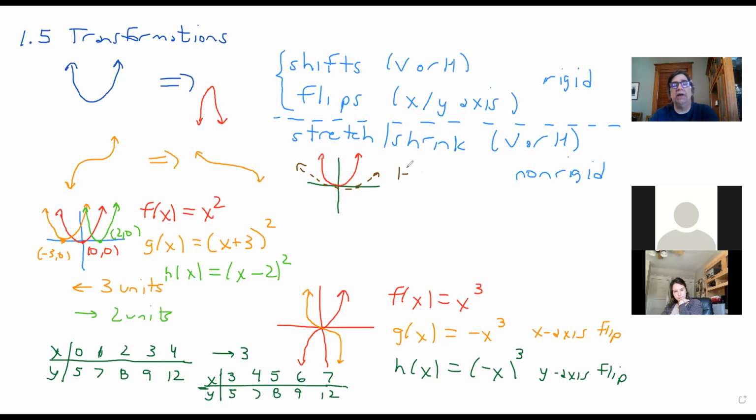So this is called a horizontal shrink. Sorry, this is a vertical shrink. I'll get it right. Because if you think about the graph, it's wider vertically.